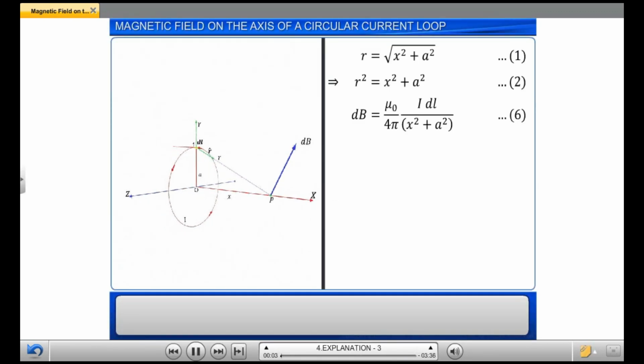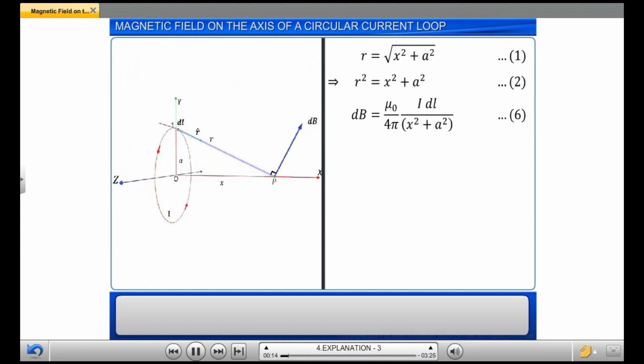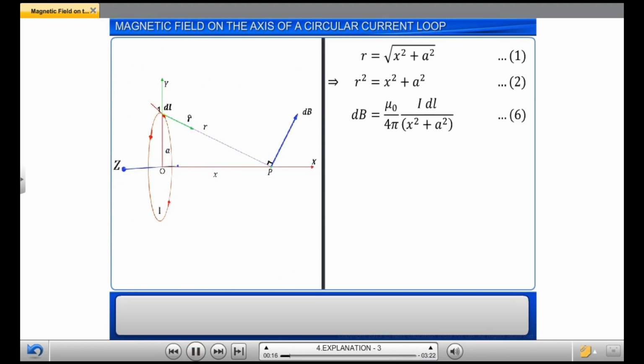The magnetic field induction dB at the point P is perpendicular to the plane containing dl and r, and its direction is given by the right-hand thumb rule. We now resolve this magnetic induction at P into two components. One along the x-axis represented as dBx, and the other perpendicular to the x-axis in the YZ plane, called the normal component of the magnetic induction, represented as dBy.